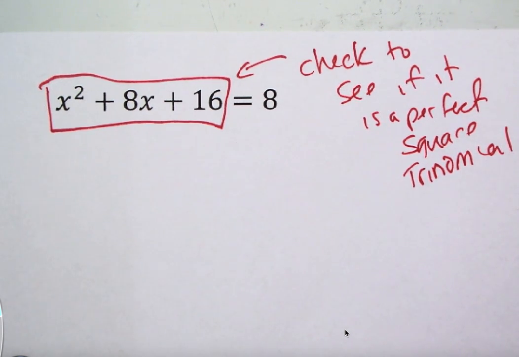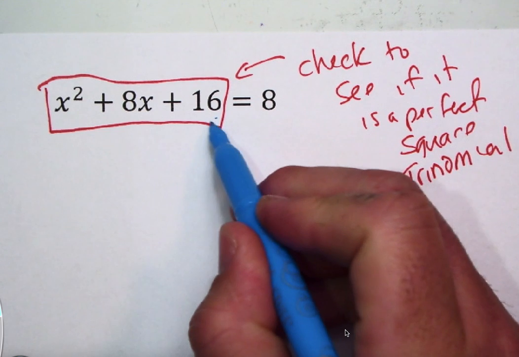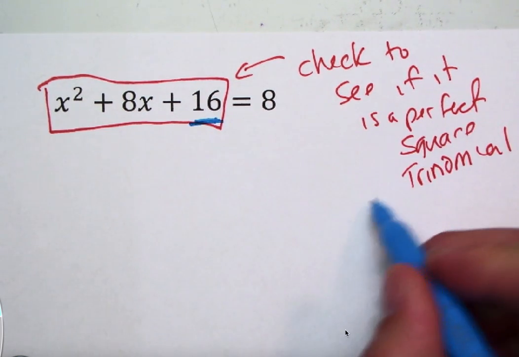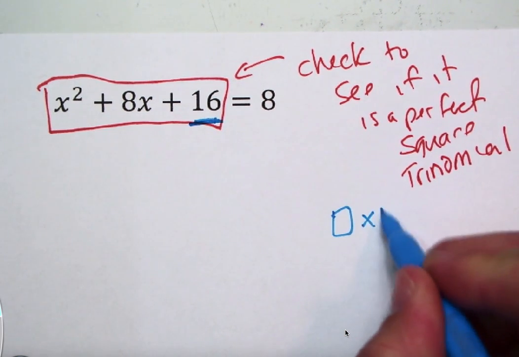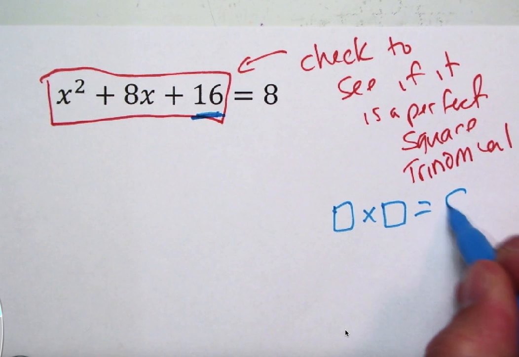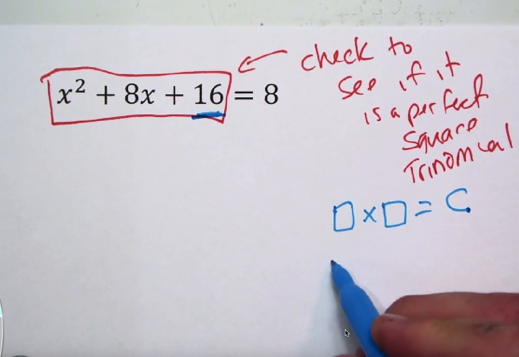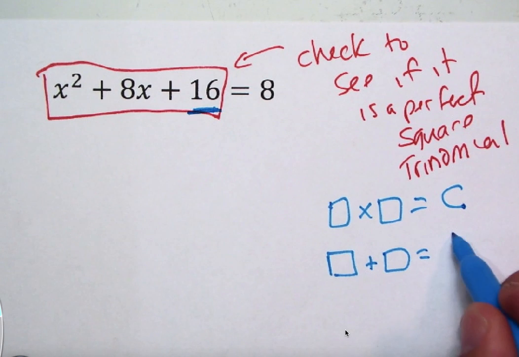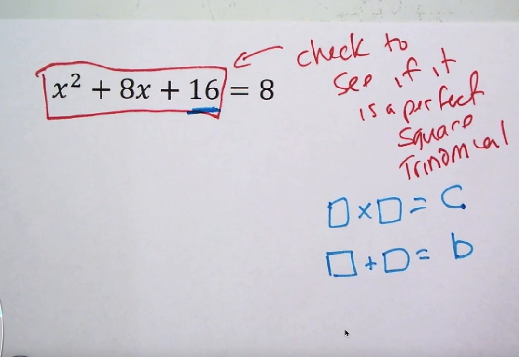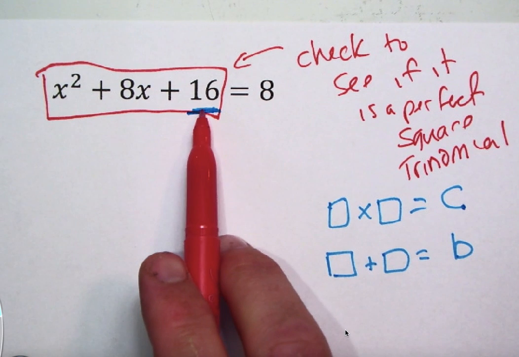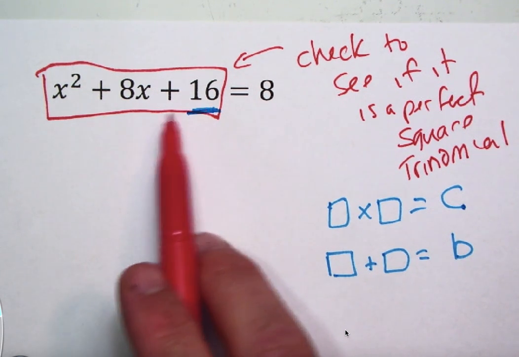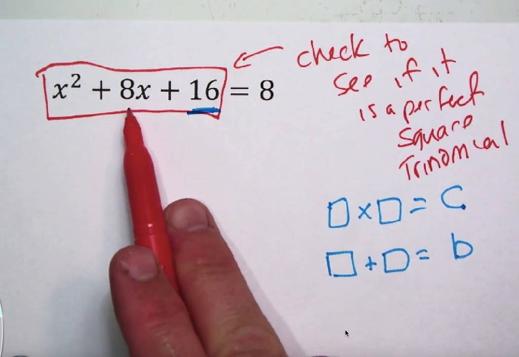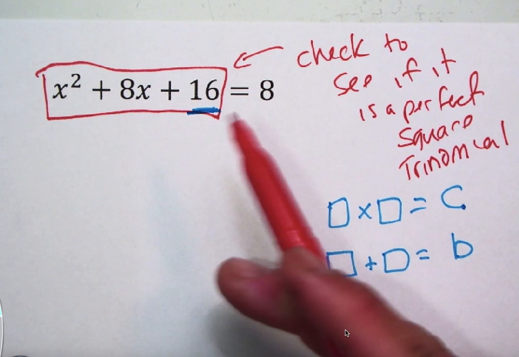Okay, so what you do is ask, is there a number, something times something, that equals the c value? And is it that same something plus something that equals the b value? So in this case, is there something times something that equals 16, and it's that same number plus itself will equal 8?